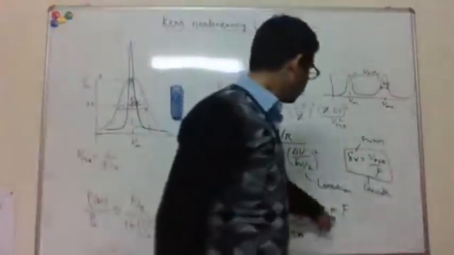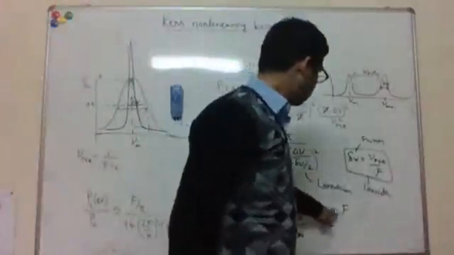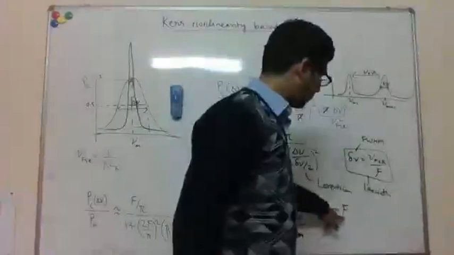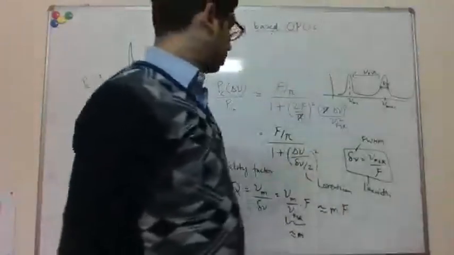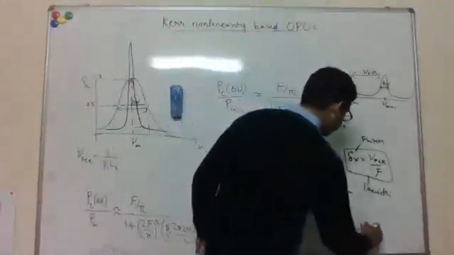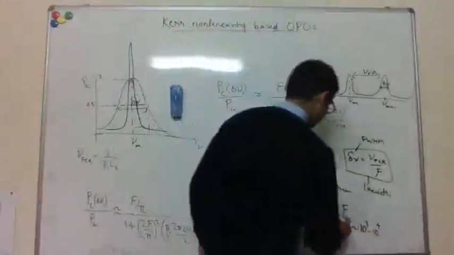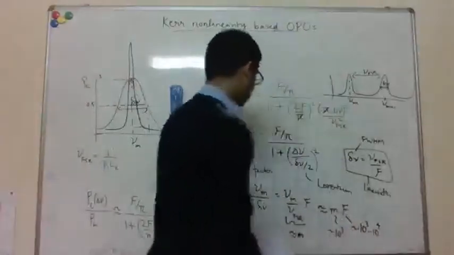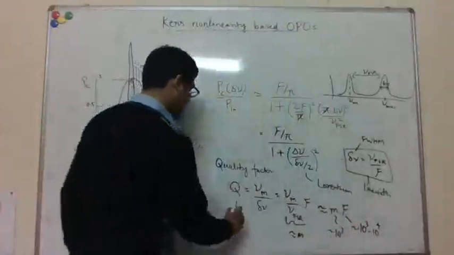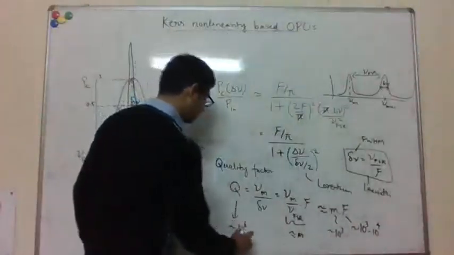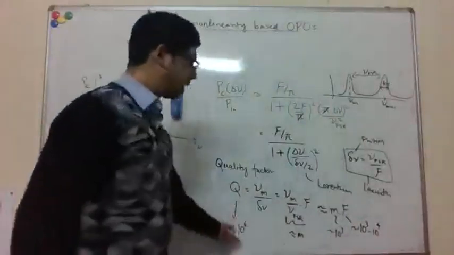For bigger cavities, it's even bigger, right? So the Q is the mode number, which is around, let's say, in the thousands, times the finesse. If the finesse is in the range of 10 to the 3 to 10 to the 4 for good cavities, and m is usually in the 10 to the 3 range, you can see that the quality factor for very good cavities can be in the million range.